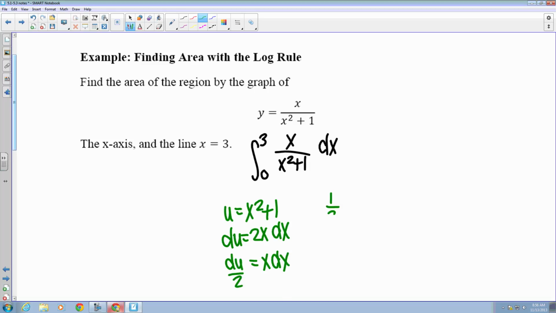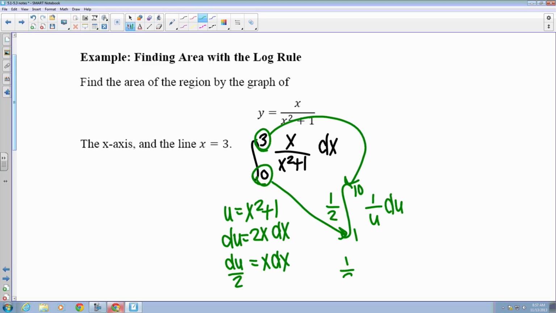So we have 1/2 the integral of 0 to 3, 1 over u, but we need to change our two limits. So let's change those before we put this back in. 0 gets changed to 1, and 3 gets changed to 10, of 1 over u du.